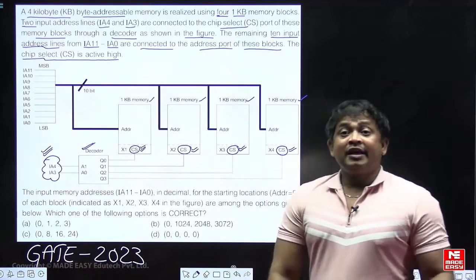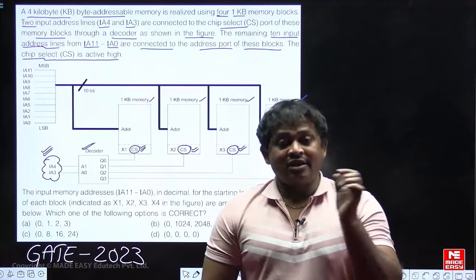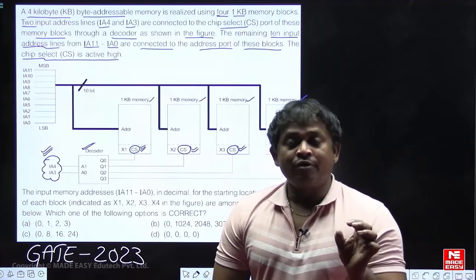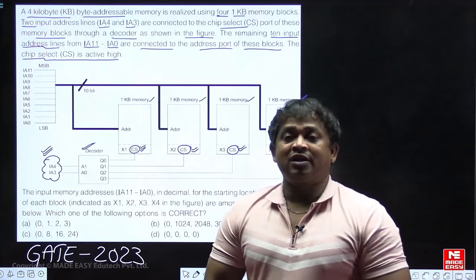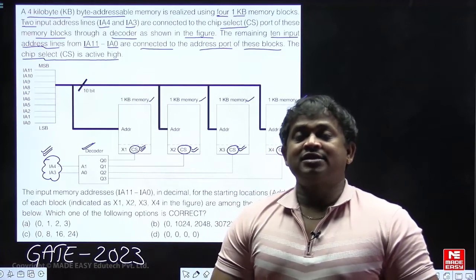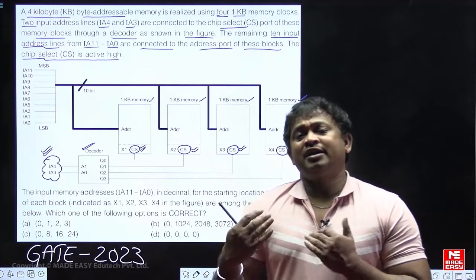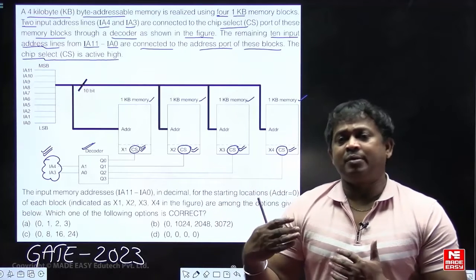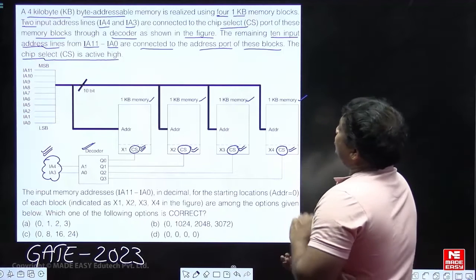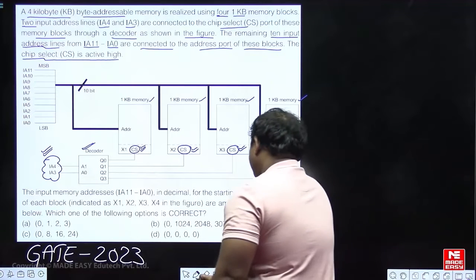That means in the total 12 address lines, address line 3 and address line 4 are used as chip select lines, and the rest of the address pins are used as the address bus for addressing the respective memory unit. Chip select logic is active high.